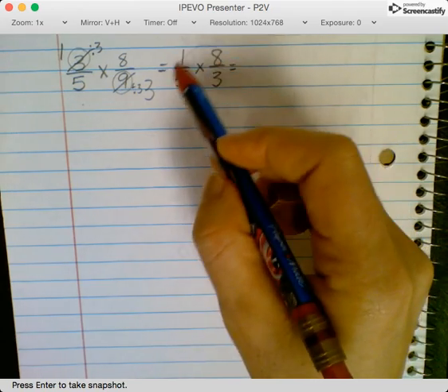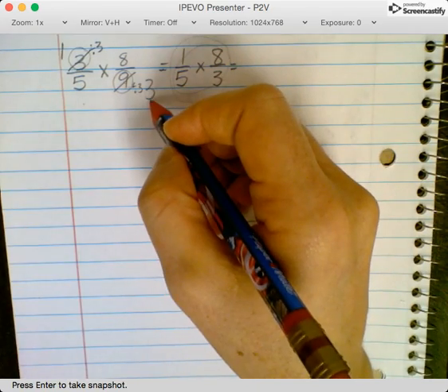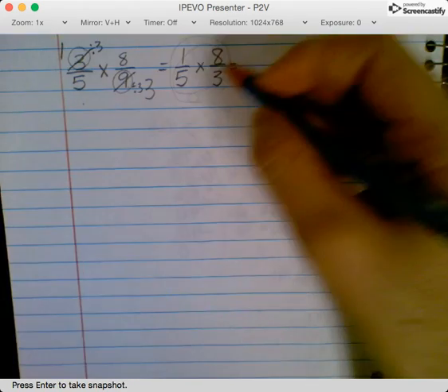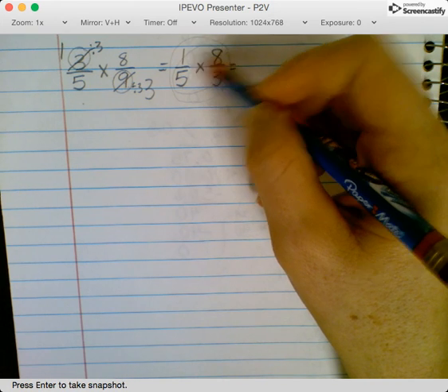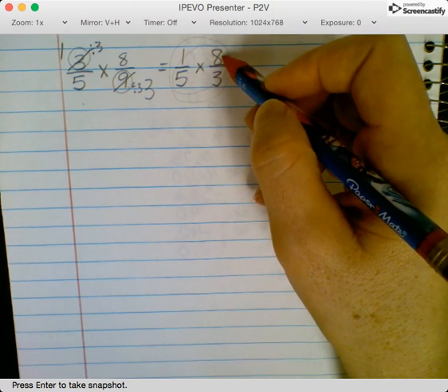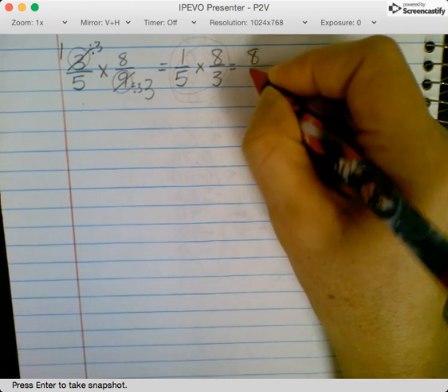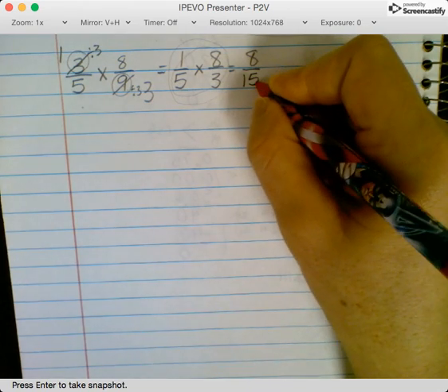You don't have to do this step, but I'm going to write it out again just so that you can better see. Okay. So then my 5 and my 8 don't have anything in common, so I can't reduce or simplify them. So I'm just going to multiply straight across. 1 times 8 is 8. 5 times 3 is 15, and that should be in simplest form.